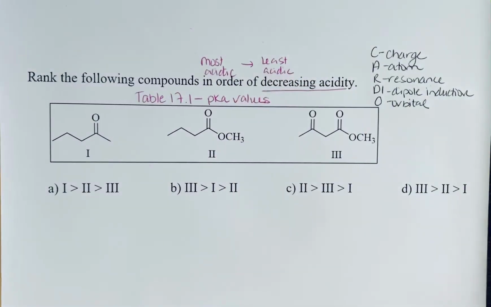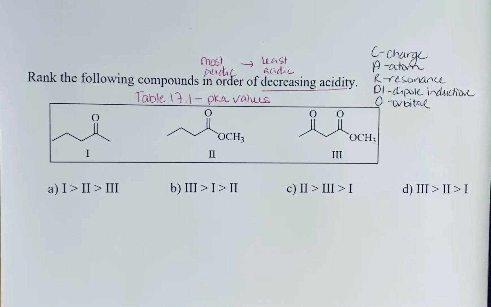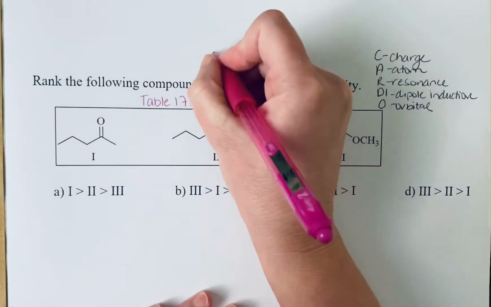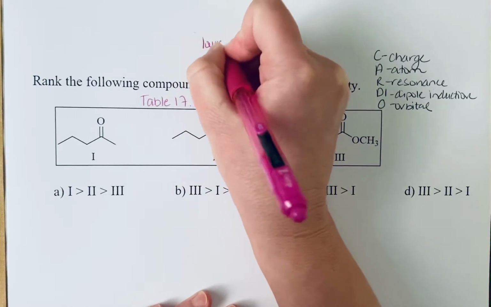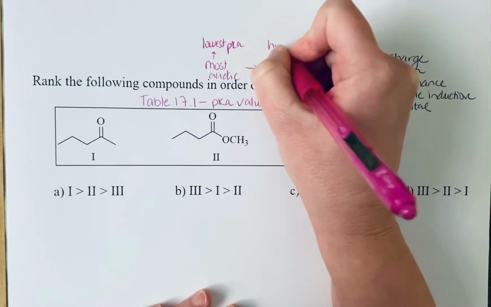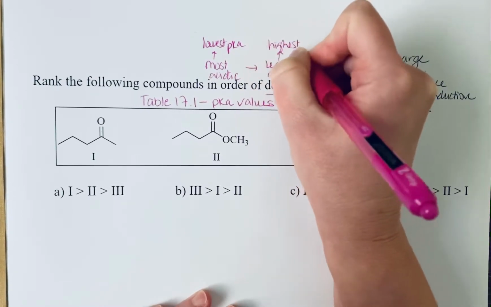I'm going to approach it by giving you the pKa values, but we're also going to look at the structures to see if we can explain it. If we are using the pKa values, the most acidic would be the one with the lowest pKa value, and the least acidic would be the one with the highest pKa.